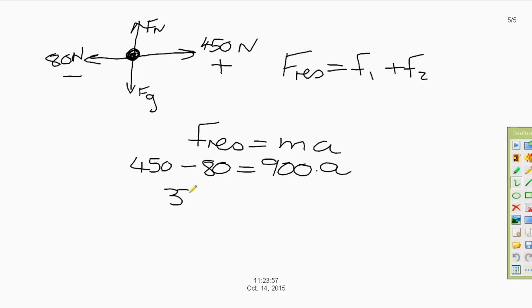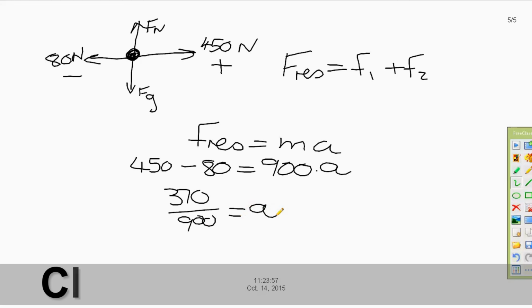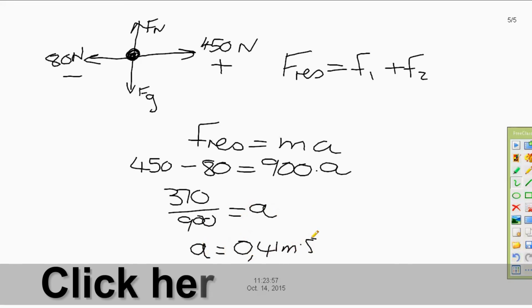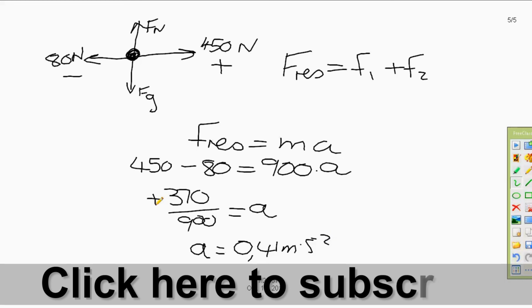So we get 370 divided by 900, which gives us 0.41 meters per second squared. But you will see we still get a positive answer when you subtract these two. So it still means the object is moving to the right. So this acceleration is still in the original direction of motion.